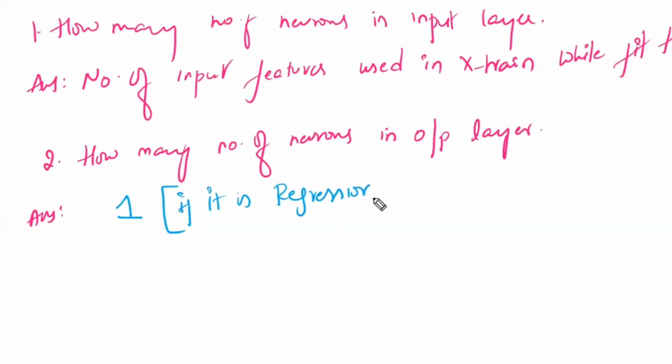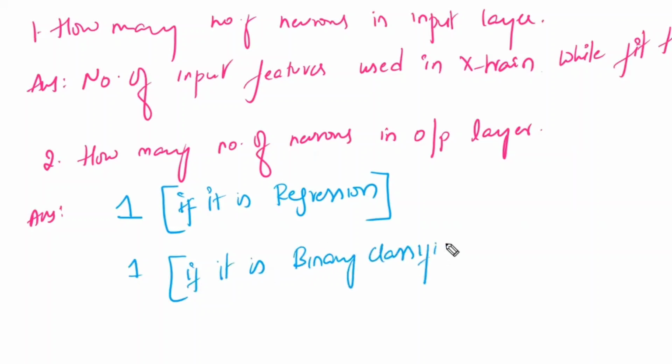For regression, 1. Again 1 if it is a binary classification problem. For binary classification also we have to take 1 only.